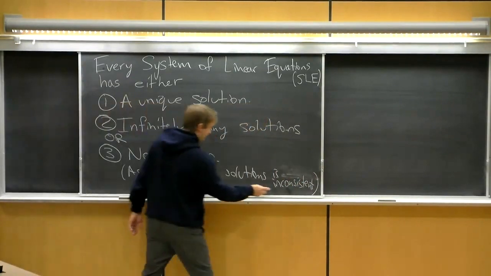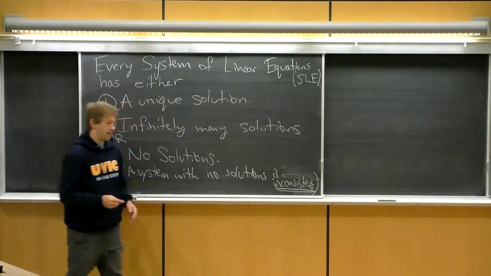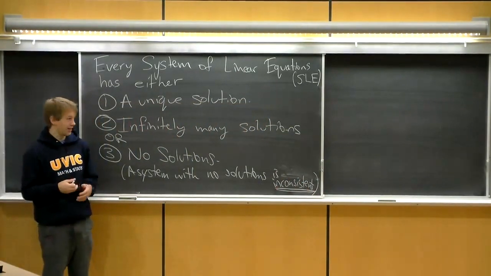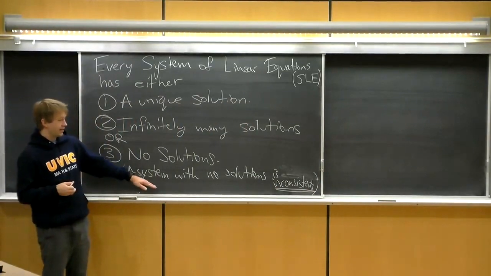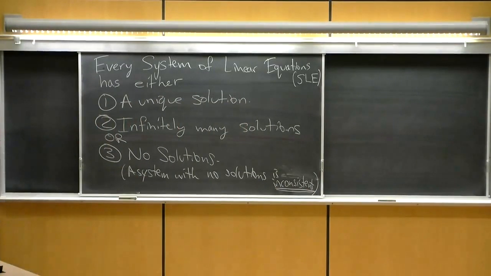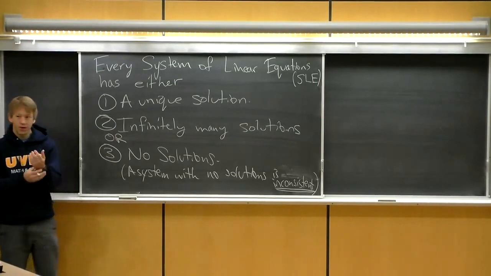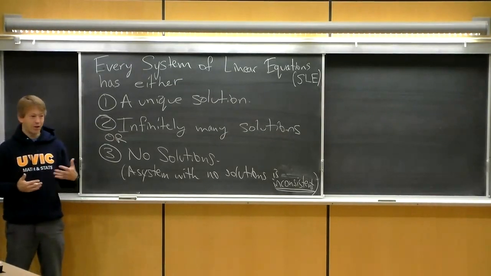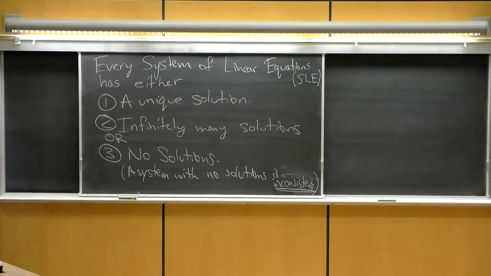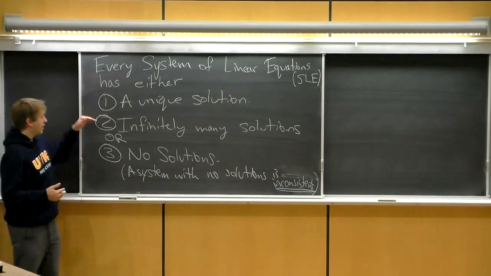So if you ever see the word inconsistent, or if you're asked, is this system consistent or inconsistent, it's asking, is it the case that there's no solutions? We started doing this a little bit last time, but we're going to keep on looking at a systematic way of doing it.